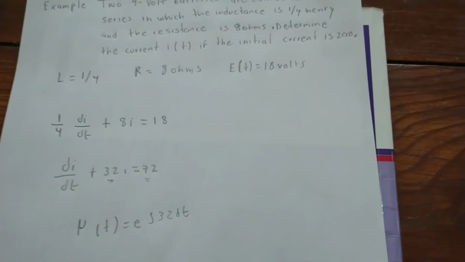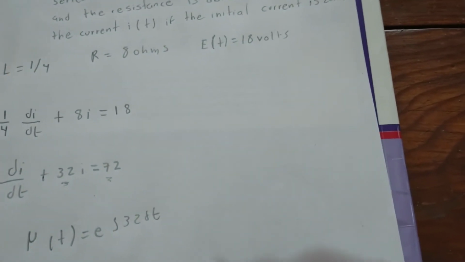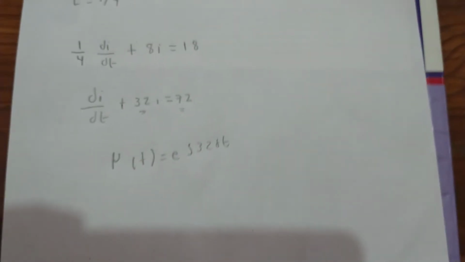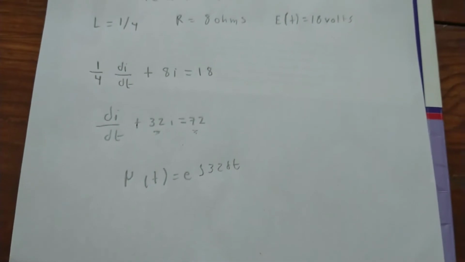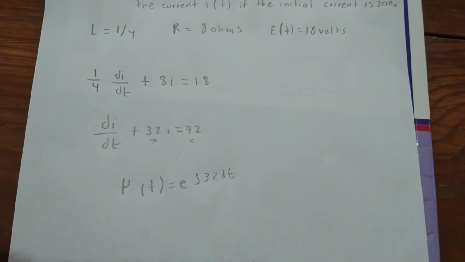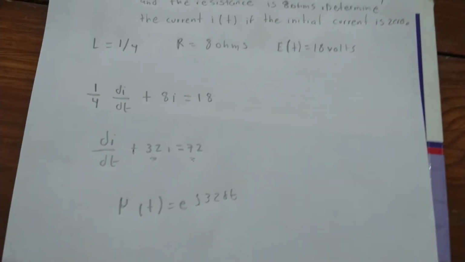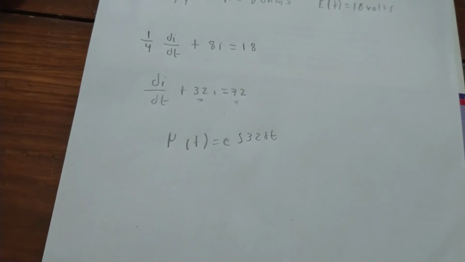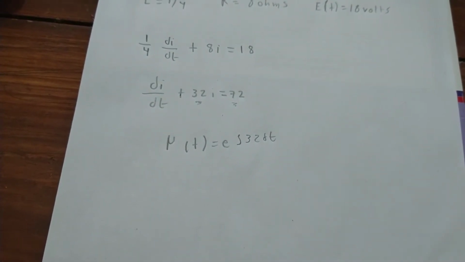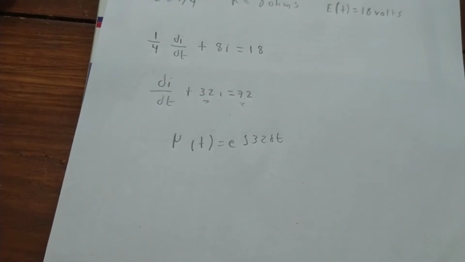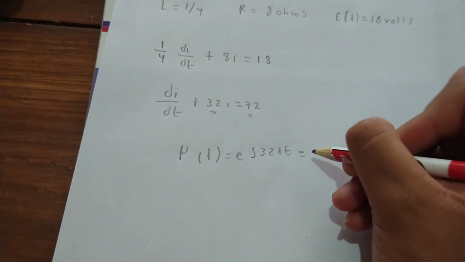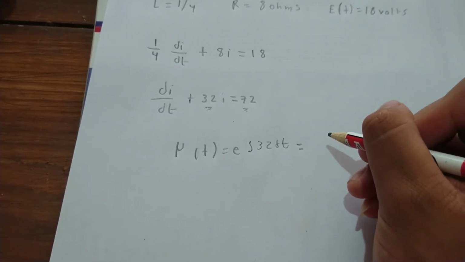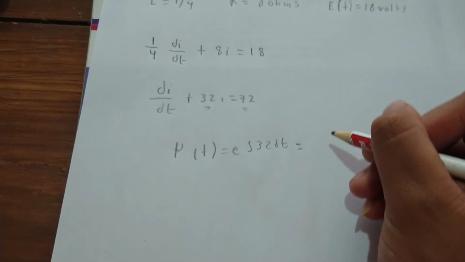Again, this 32 is the function being multiplied by i, or in this case just the constant 32. So our integrating factor is going to be e raised to the power of 32t.